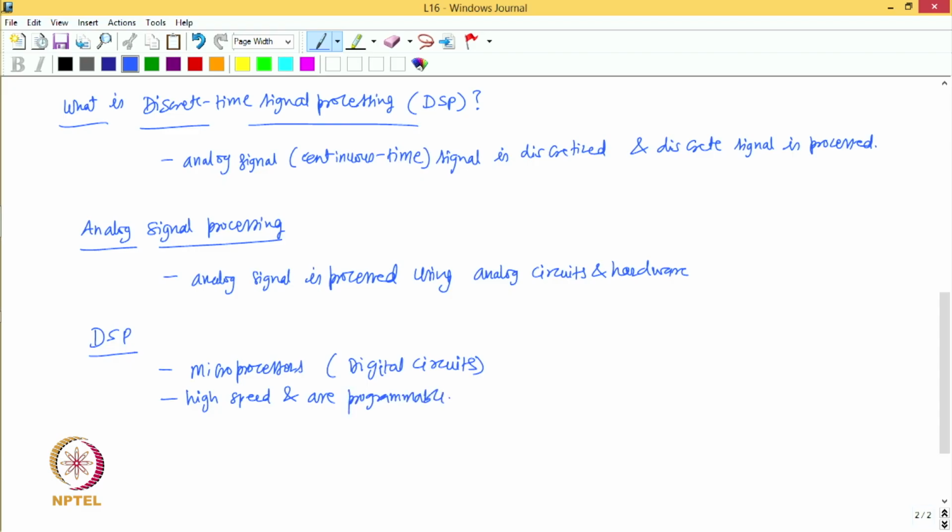Therefore, a very wide range of signal processing tasks can be implemented using digital signal processing, and that is why most modern signal analyzers are based on DSP technology.